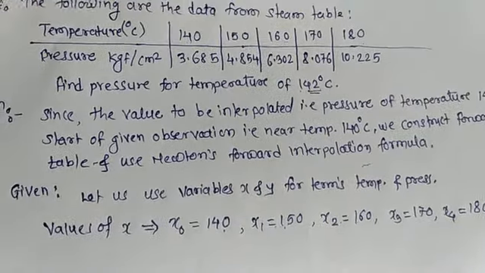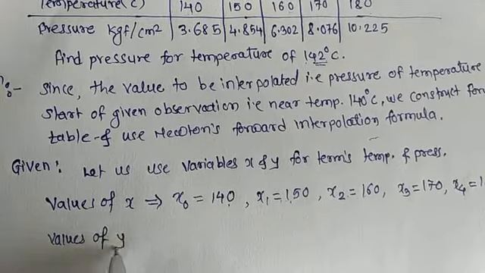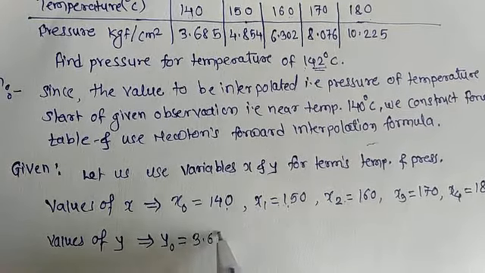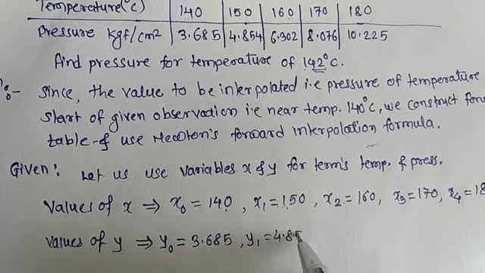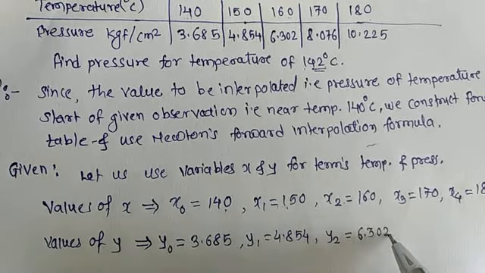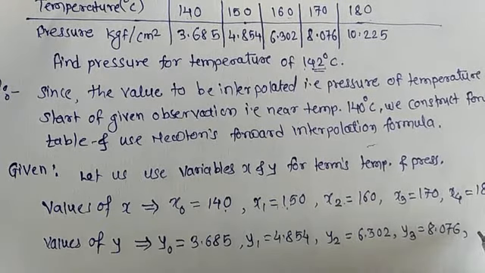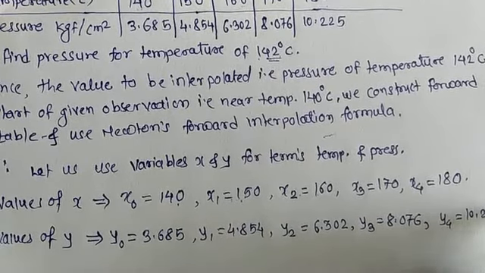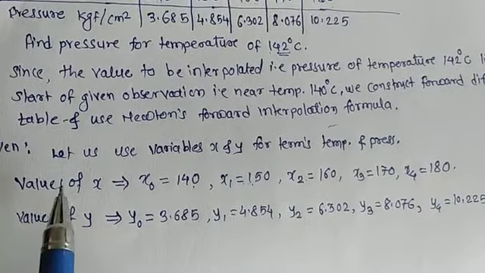Next, the values of y: y0 is 3.685, y1 is 4.854, y2 is 6.302, y3 is 8.076, and y4 is equal to 10.225. So this data is given to us.